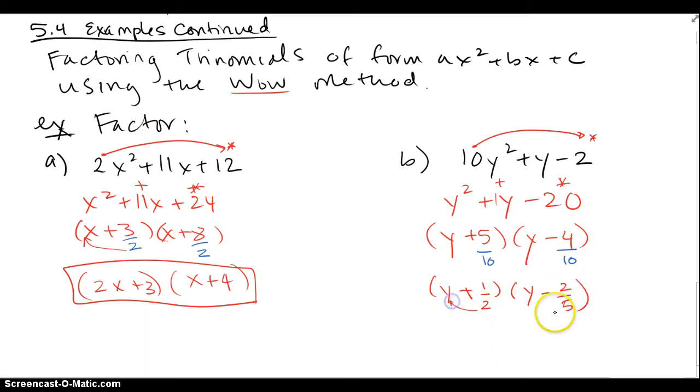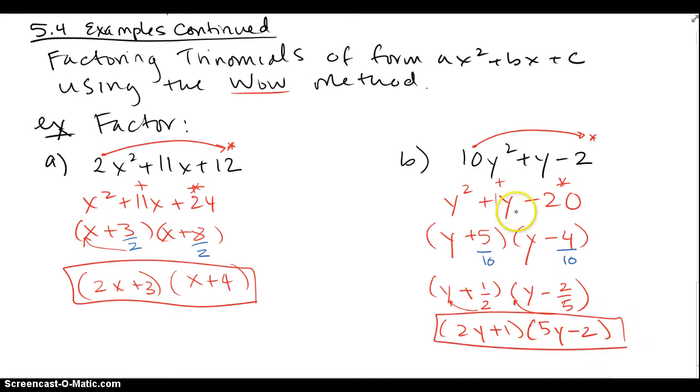Now I move the 2 up and the 5 up, and I have 2y plus 1 and 5y, I'm sorry, because I'm moving the 5 up, 5y minus 2. And again, if I multiply that out, I get the 10y squared, the negative 4y, and the positive 5y to give me the 1y, and then the negative 2 at the end.